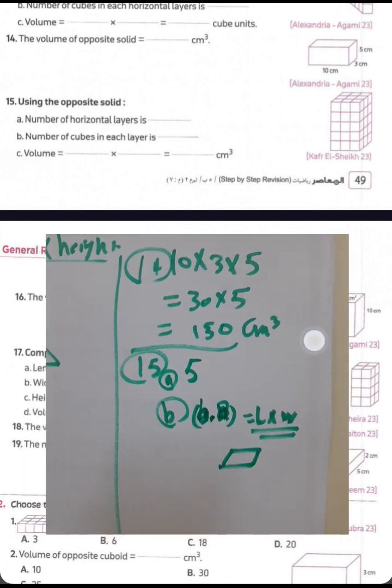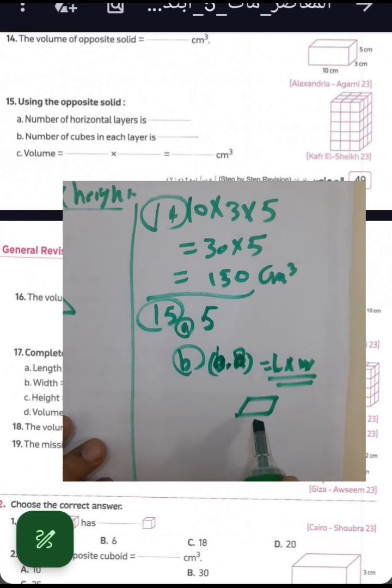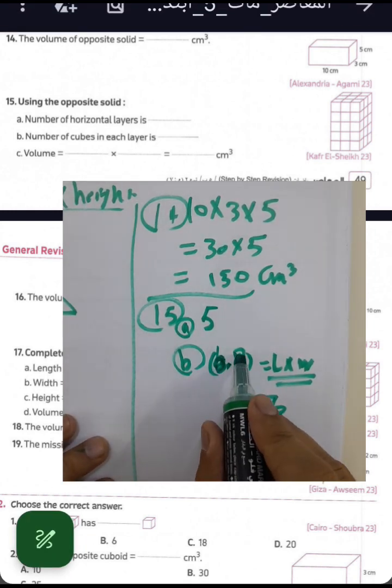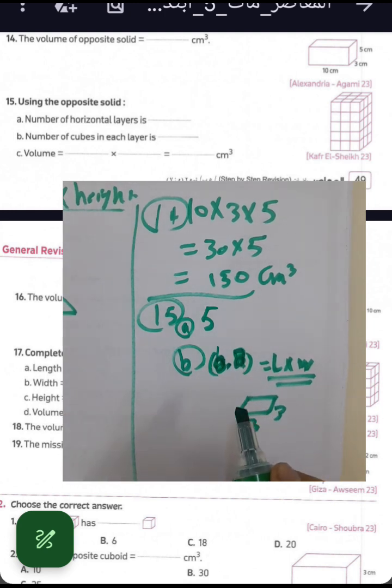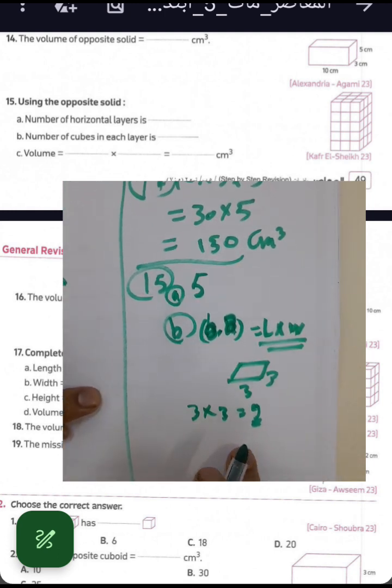Look at here, pay attention, we have length 3 and width was 3. Then the number of cubes in each layer will be 3 times 3, it will be 9. It's a very important question, okay?